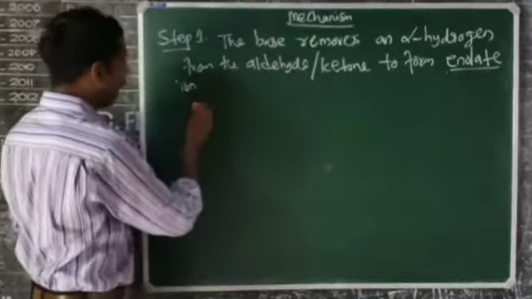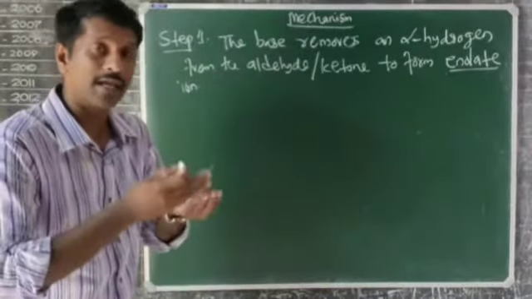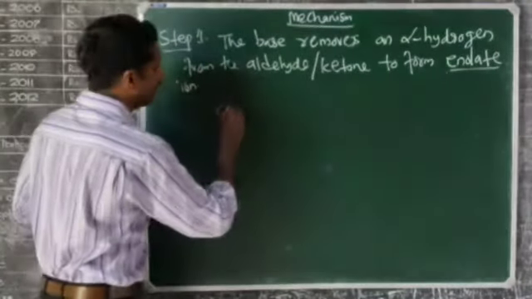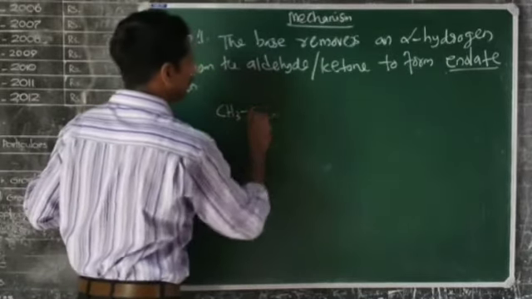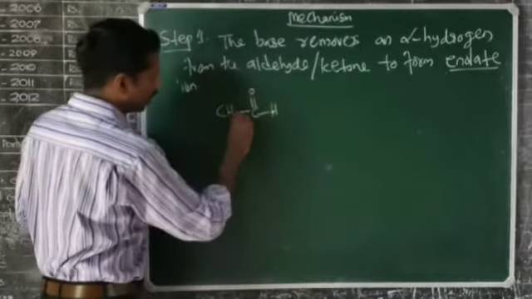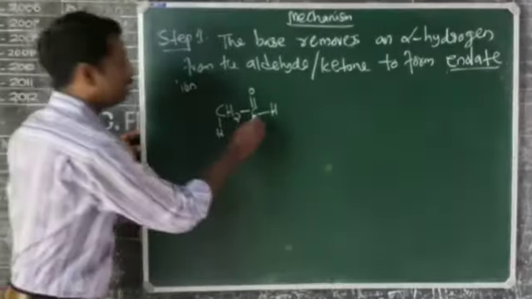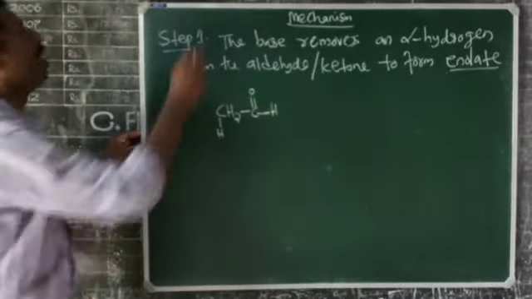Look at here. I am taking the first molecule. I told you we need two molecules of aldehyde or two molecules of ketone. I am taking the first molecule of aldehyde, example CH3CHO, acetaldehyde. Or you can write CH3 double bond O H. This CH3 can be written as CH2H. Correct? What is the first step?